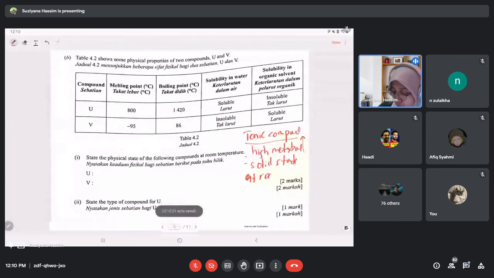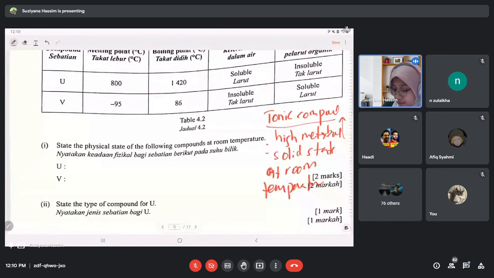The words room temperature are very important lah, kan? Soluble in water.